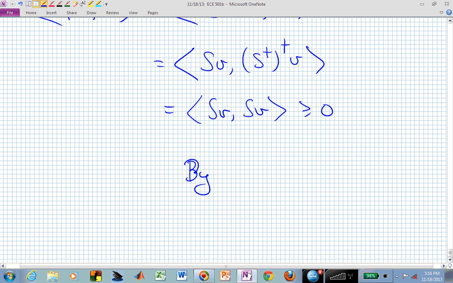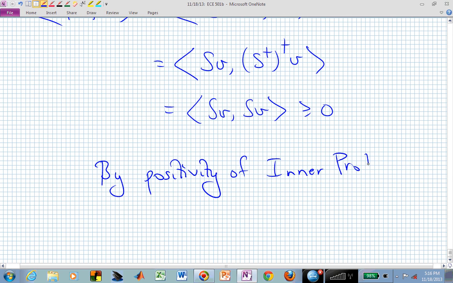So that's by the positivity of the inner product. Therefore, T is positive, which says that E implies A, and we're done with 2 minutes overtime.